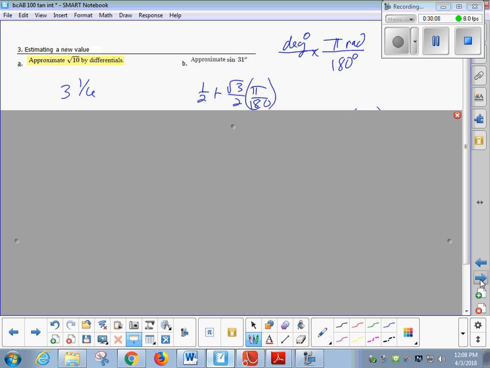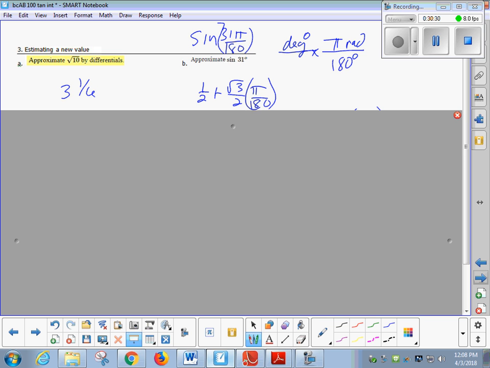Estimating the new value, and we've done that quite a bit, so hopefully that went well. 3 and 1/6. The next one was a little wacky. You never do calculus in degrees, so you first needed to convert 31 degrees to radians. 31 degrees is 31 pi over 180 radians. Okay?